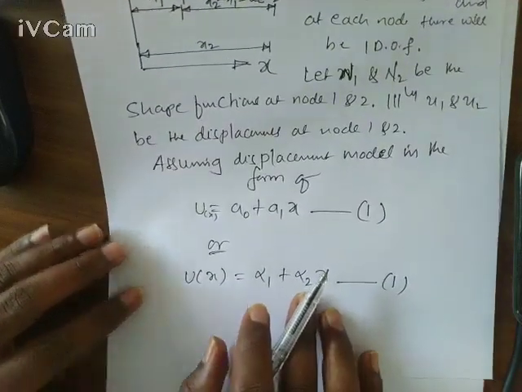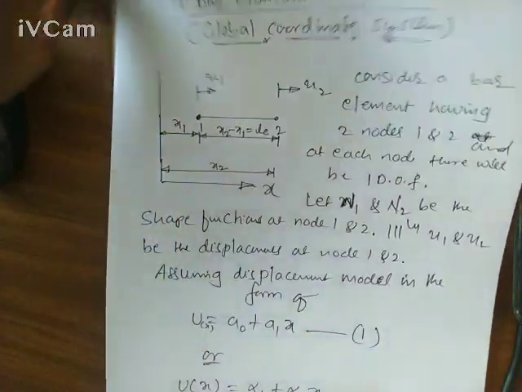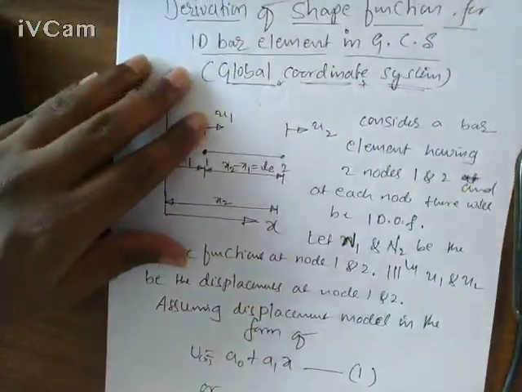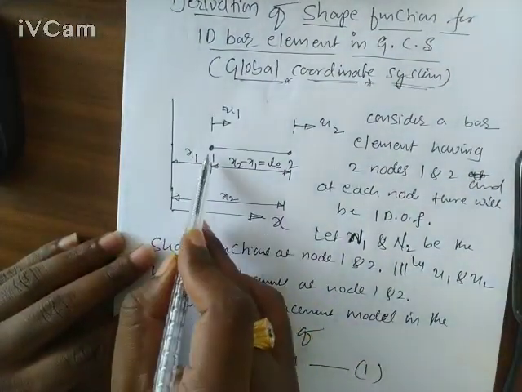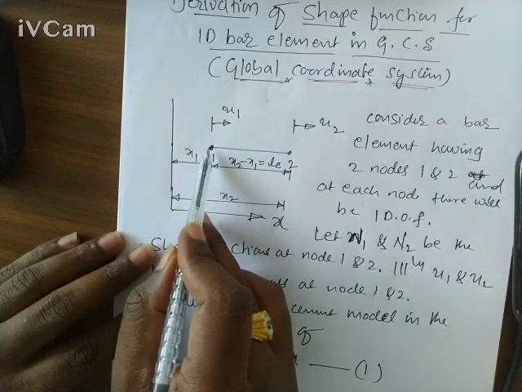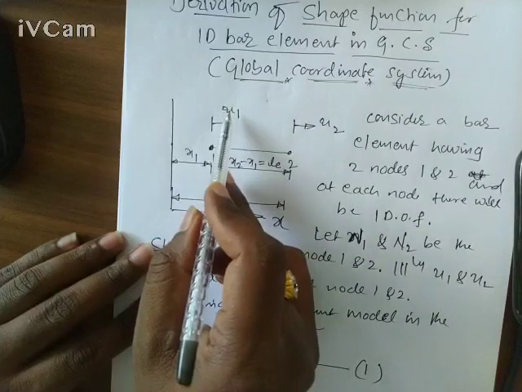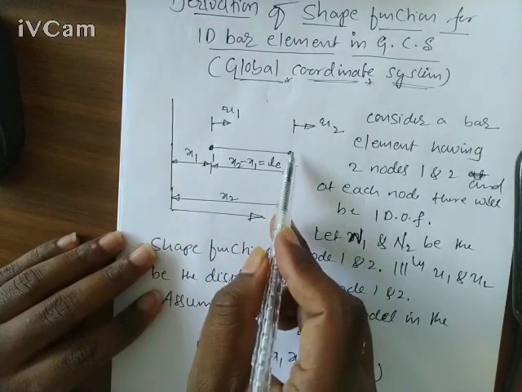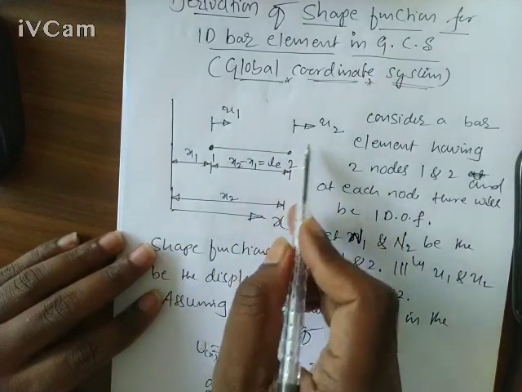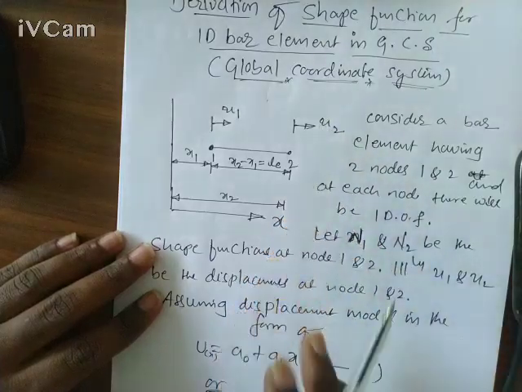Okay, so now we have to write down the boundary conditions. How to write down the boundary conditions? Look here. At node 1, x will be x1 and u will be u1. At node 2, x will be x2 and u will be u2. Am I right?